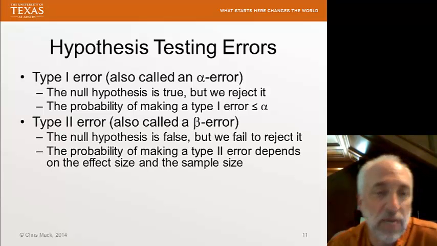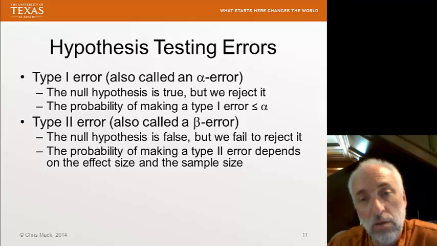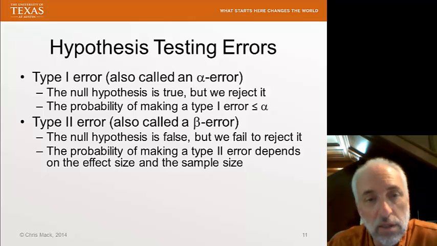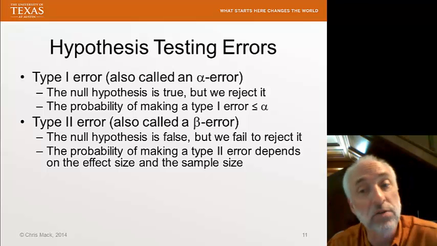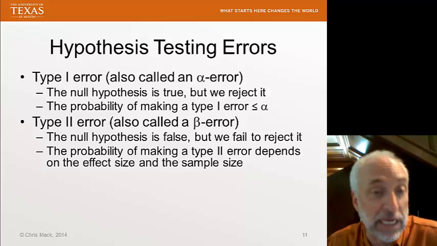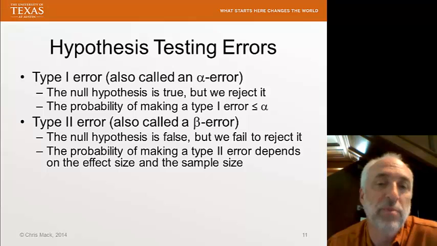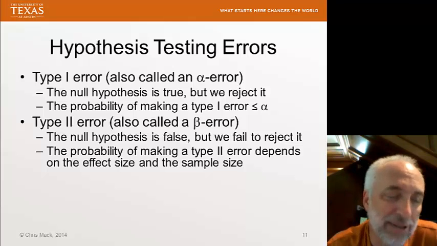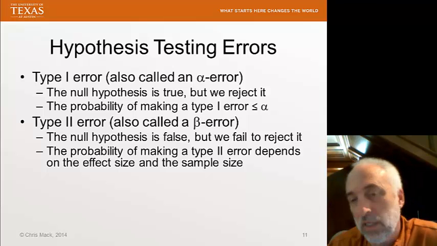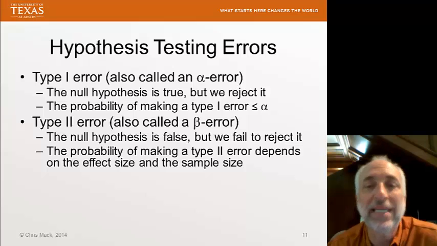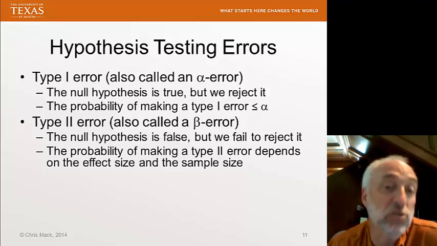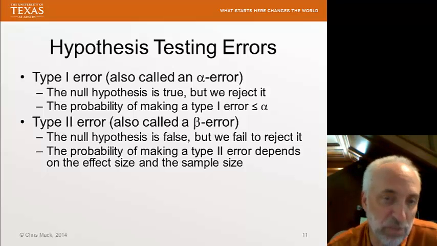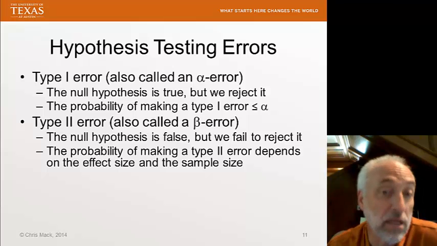The other type of error is called a type 2 error, or a beta error. This error comes when the null hypothesis is false, but we fail to reject it. The probability of making a type 2 error is a little harder to determine. You can calculate it. We're not going to go through that calculus in this review class, but it depends on the effect size. That is the true difference between reality and the null hypothesis.